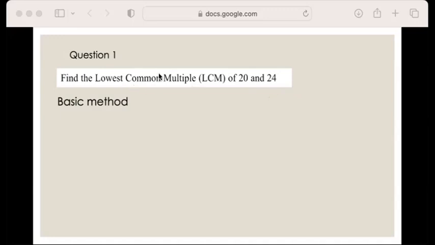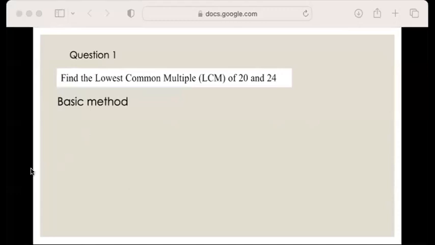And what does common mean? Common stands for common between different numbers. That means the common multiples of 20 and 24. And of that, we are going to figure out the lowest. So I'm pretty sure that this is easy for you to understand now.